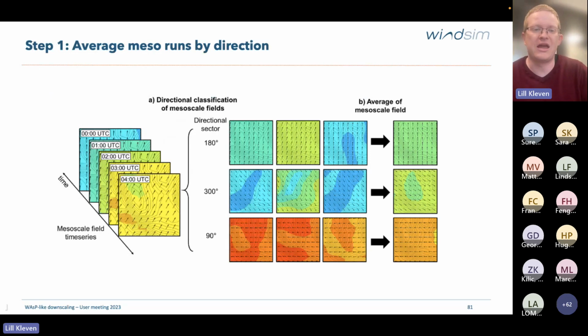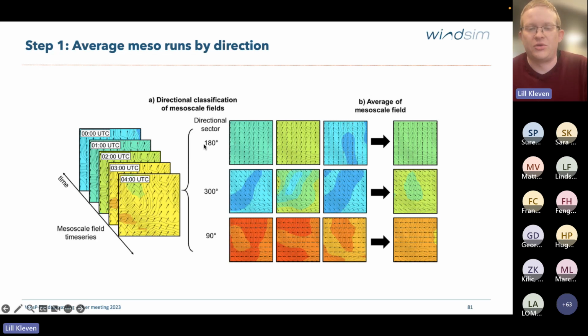So first, we look at the mesoscale time series of the mesoscale runs. We have used the New European Wind Atlas, it's 3 kilometers and every half an hour. So every half an hour, you have a mesoscale output field, and then you look at the direction of the wind inside the mesoscale domain.